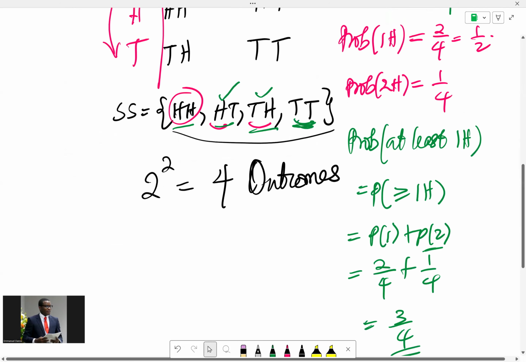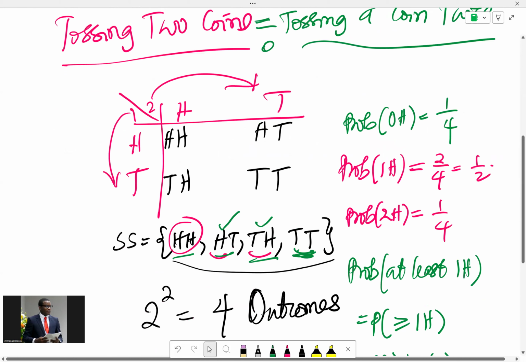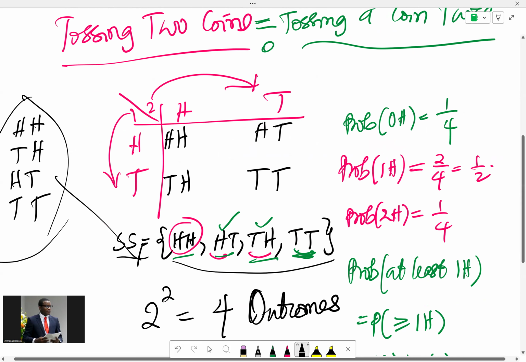But if you see what has happened before, when we tossed a coin, we just had head and tail. Those are the possibilities. But when you toss two coins, there's a way to go. You can have tail, head, tail. And then at the next level, you can have head, head. You can have head, tail, tail. So that way you get this whole sample space. So you have a systematic way of going.